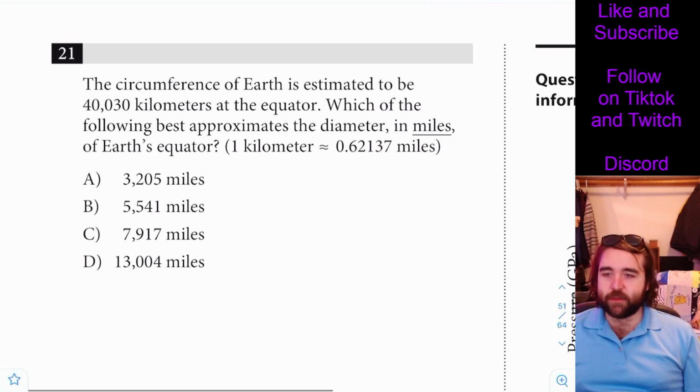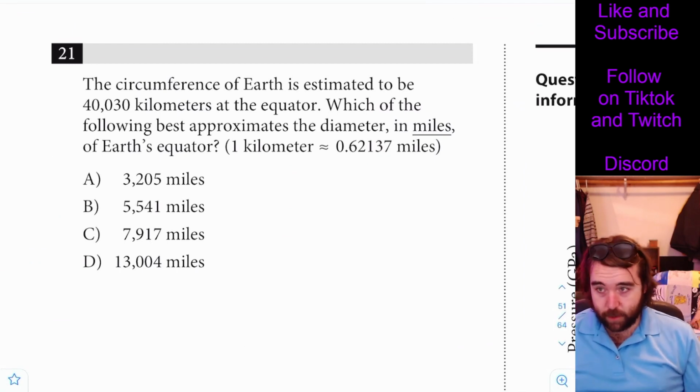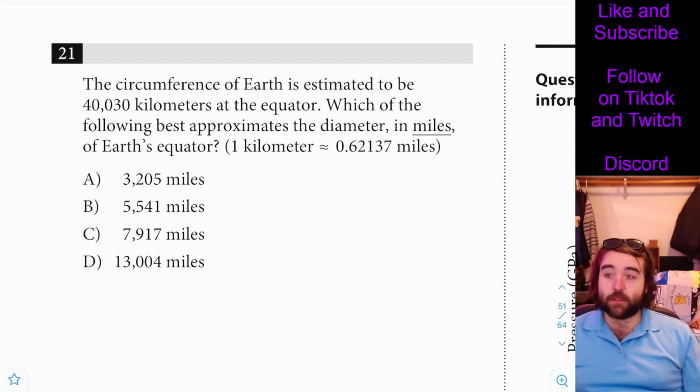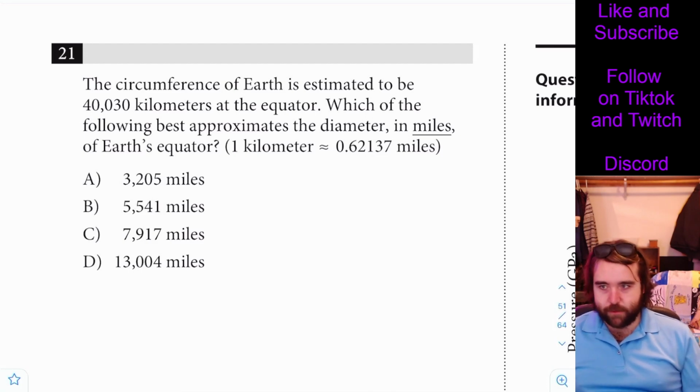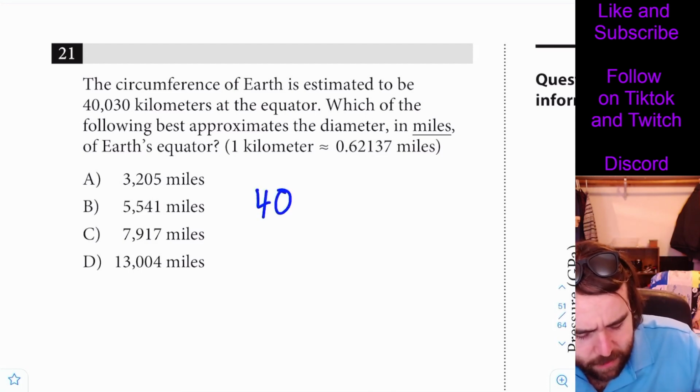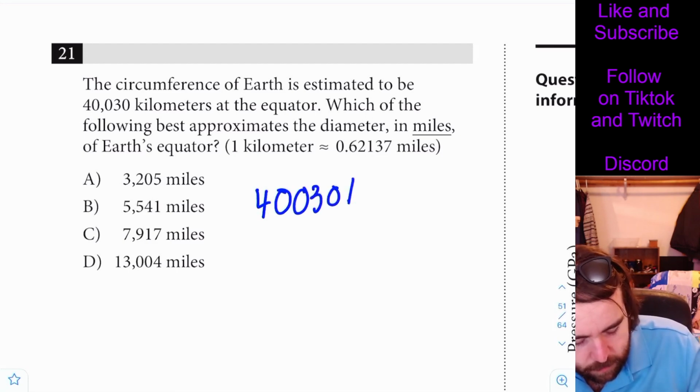Okay. The circumference of the Earth is estimated to be 40,030 kilometers at the equator. Which of the following best represents the diameter in miles? So again, actually, we could just go to the calculator to convert kilometers to miles. Weird that they have the same question on the same section. So, but we're just going to do 40,030 kilometers.